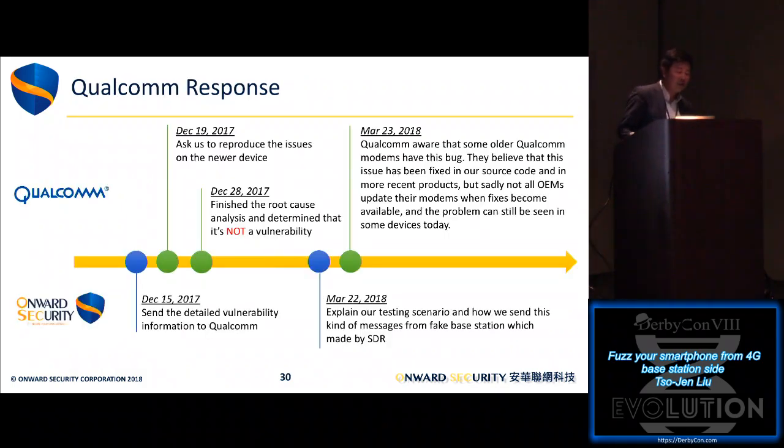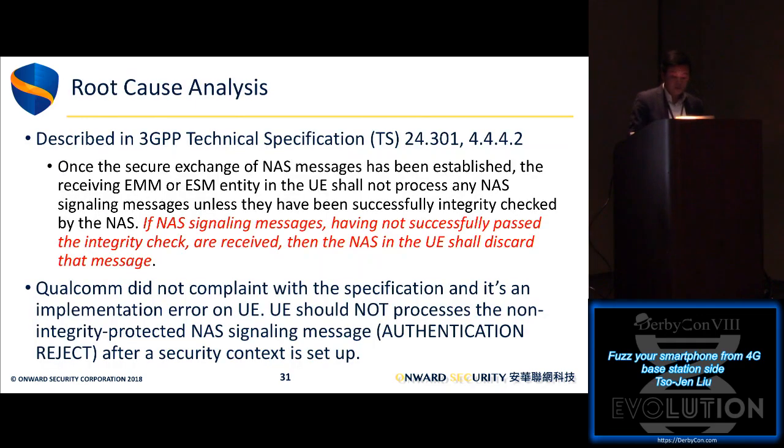We found this vulnerability last December, and we reported it to Qualcomm, and we had some discussion. In response, Qualcomm said they are aware this vulnerability may exist on some older Qualcomm modems, but they believe it was already fixed in a newer version, in a newer product. They released the update to the OEMs, but some OEMs will not update the modem, and the problem may still exist in some devices today.